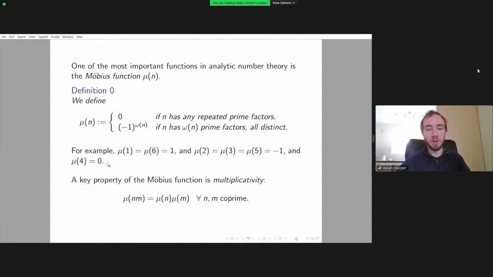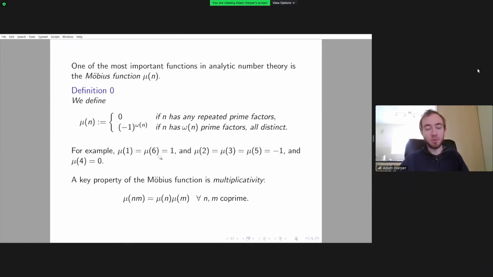And the kind of major property of the Möbius function is that it's multiplicative, by which I mean that mu of n times m is equal to mu of n times mu of m, provided n and m are coprime. And you can see this just from the definition, because if n and m are coprime, then when you take n times m, you just concatenate the prime factorizations of n and of m. So the condition of not having any repeated prime factors just splits up as a separate condition on the prime factors of n and of m.